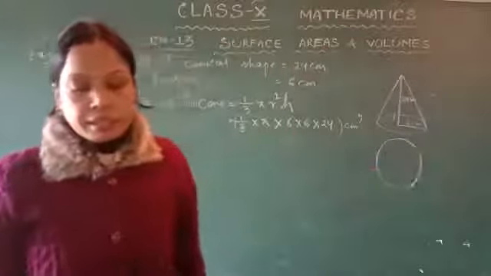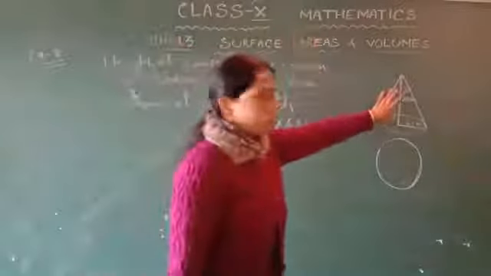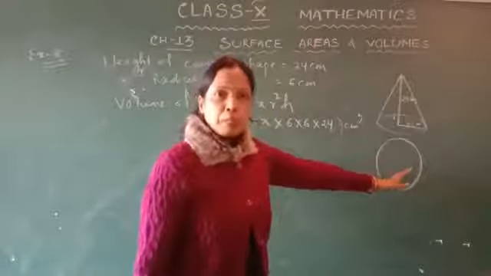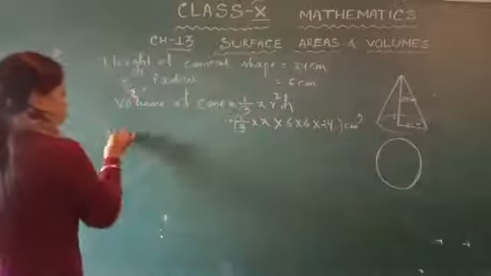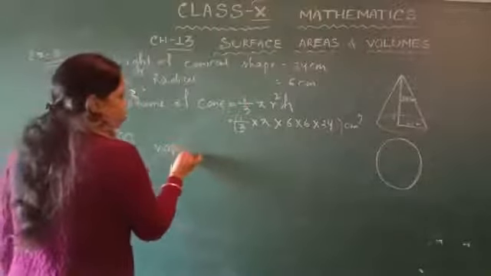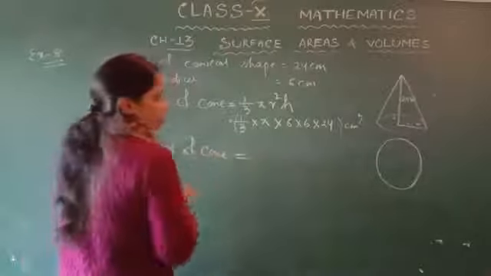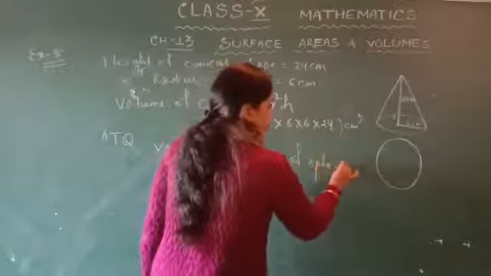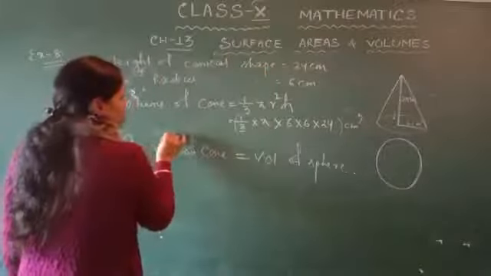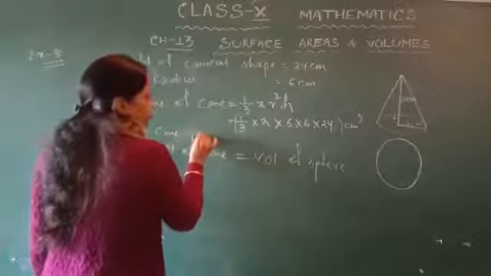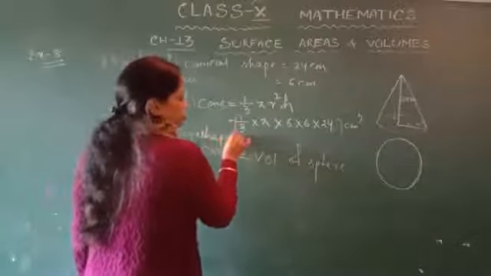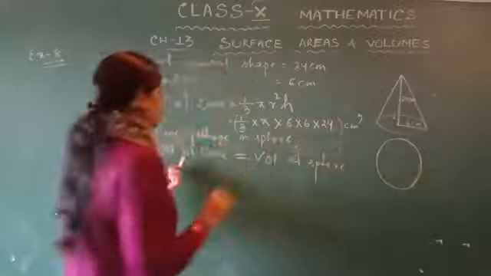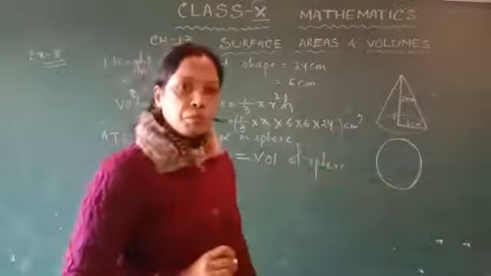Then again, this conical solid is reshaped in the shape of a sphere. So according to our question, the volume of a cone is equal to the volume of a sphere.